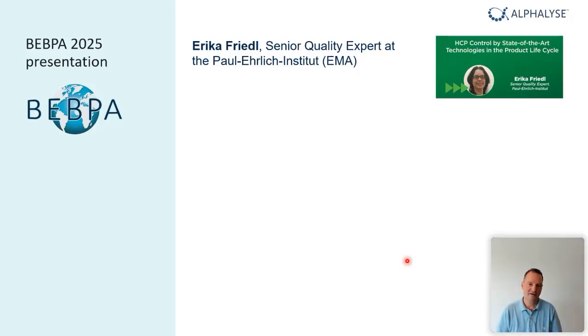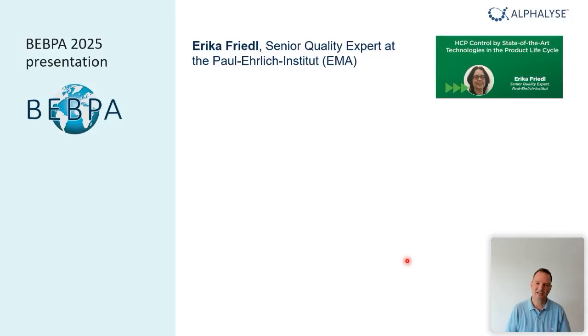What we are always very interested in, and always ask about, is what regulatory authorities will say about the use of mass spectrometry for HCP analytics. Normally the presentations from EMA are on ELISA reagent characterization, and mass spectrometry is not really mentioned.